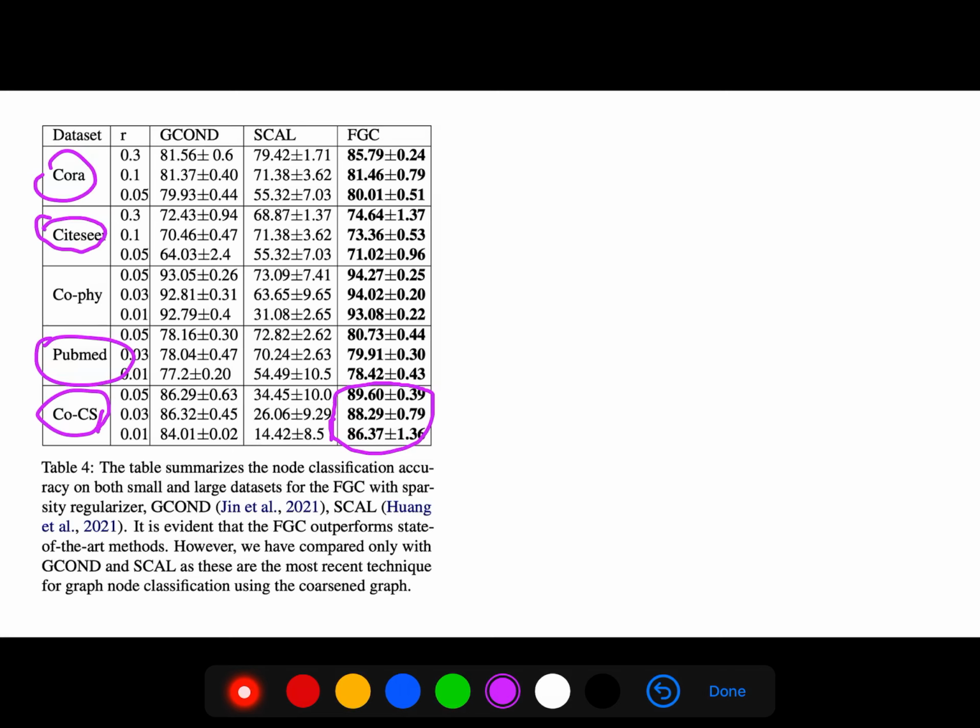Like it did not mention in this table, like the ones for heterophilous graphs, like Squirrel, a very hard dataset. Chameleon. Both of them are very heterophilous. State of the art is 45%.